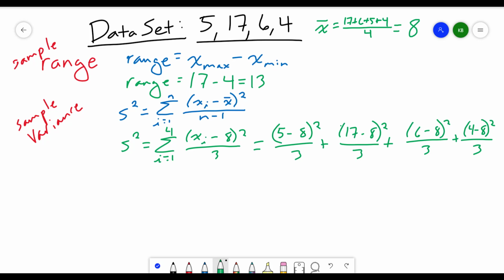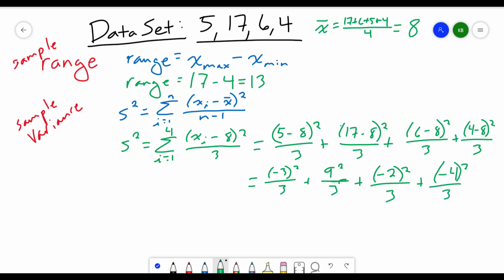Now if I work this out, 5 minus 8 is negative 3, squared, divided by 3. 17 minus 8 is 9, squared, divided by 3. 6 minus 8 is negative 2, squared, divided by 3. 4 minus 8 is negative 4, squared, divided by 3.